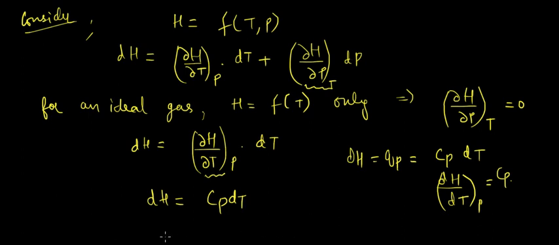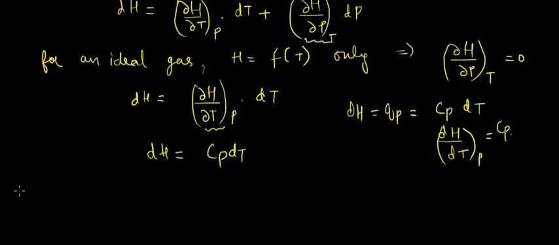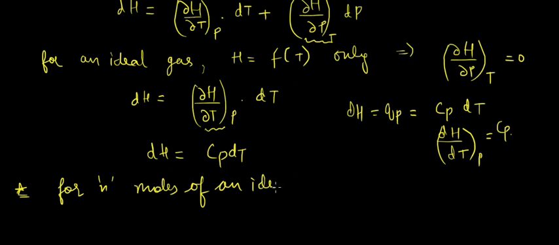Okay, so for n moles of an ideal gas, we can write that dH would be equal to n Cpm dT.